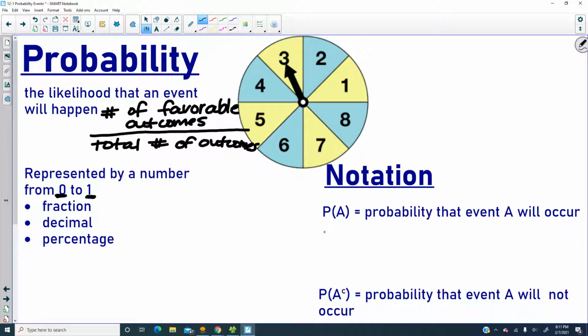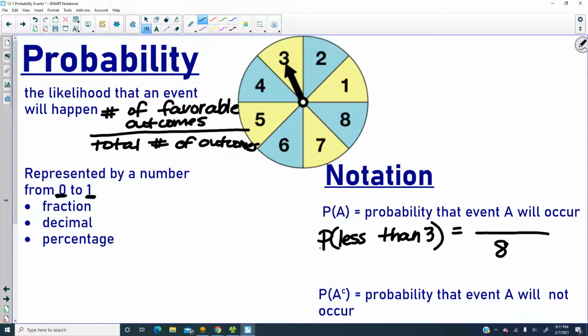So let's find the probability of getting a number less than 3 on one spin. How many outcomes are there altogether? When I spin the spinner, it could land on a 1, a 2, a 3, a 4, a 5, a 6, a 7, or an 8. So there are 8 total things that could happen.